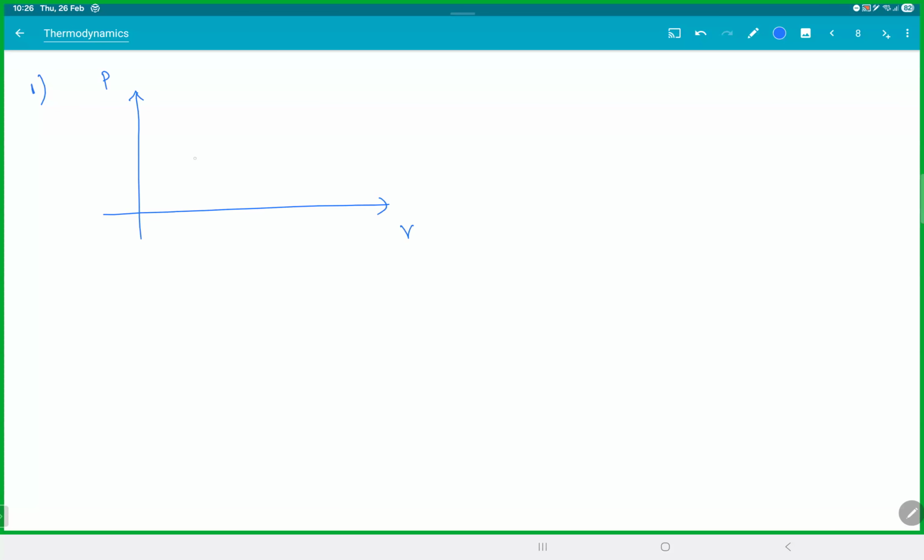PV graph, and let's say we have a curve like this. This thing looks like a semicircle. This is A, this is B, V naught, 2 V naught, P naught, 2 P naught.